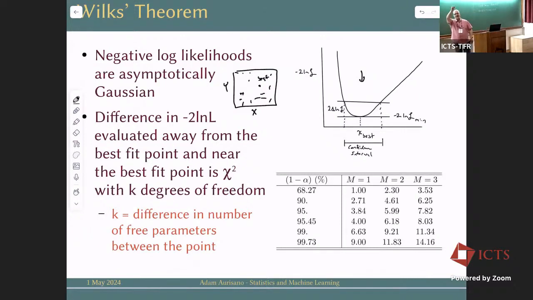At each of those grid points, you hold those 2 parameters of interest to the value of that bin. So actually, all those fits only have 98 free parameters. When you take the difference between the negative 2 log likelihood at one of these grid points and your best fit, there are 2 degrees of freedom left over. So that quantity should obey a chi-squared distribution with 2 degrees of freedom.